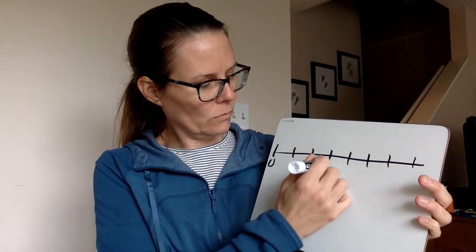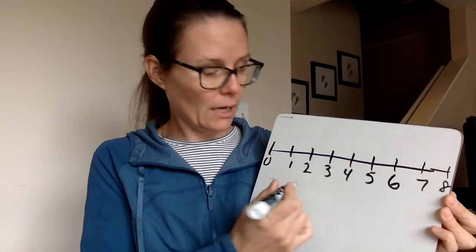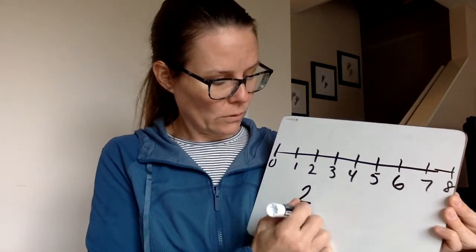So if I have a number line here, 0, 1, 2, 3, 4, 5, 6, 7, 8, and I say that 2 of you are each going to get 3 freezies from me, I need to skip count by 3. But I'm going to jump 2 times, because 2 of you are going to each get 3 freezies.